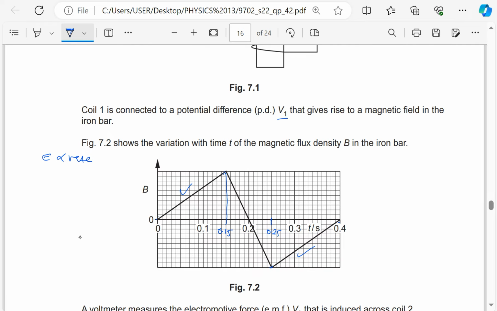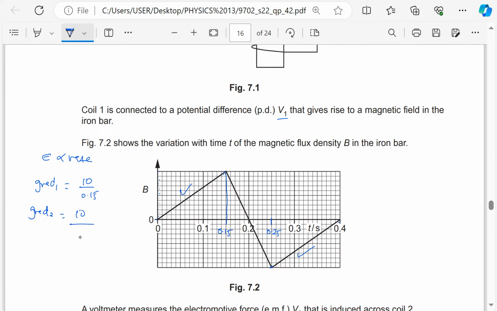These are 1, 2, 3, 4, 5, 6, 7, 8, 9, 10. So 10 boxes. So 10 divided by 0.15. That is the gradient for the first part. Then the gradient for the second part is going to be, on the vertical, still 10 boxes starting from the horizontal axis.